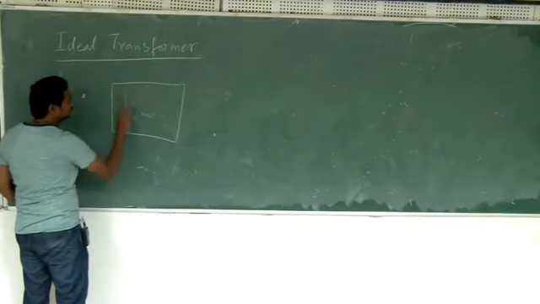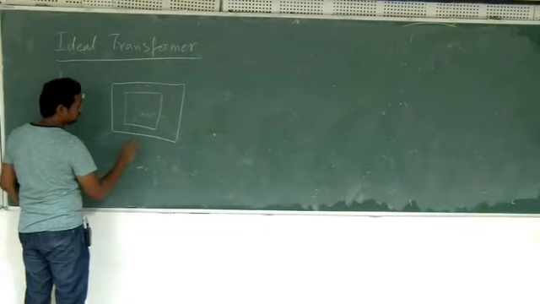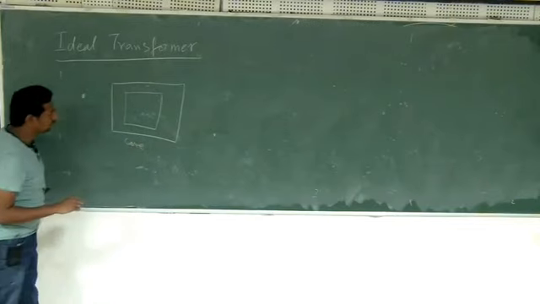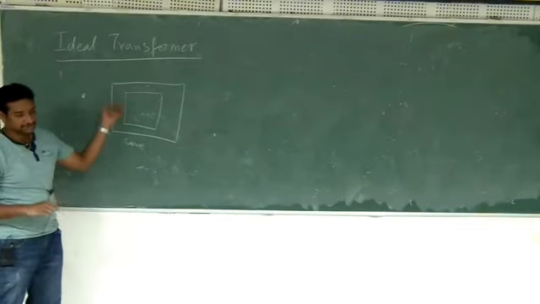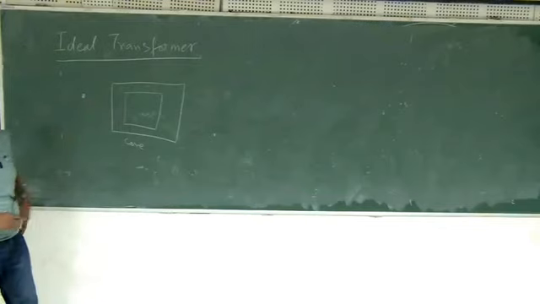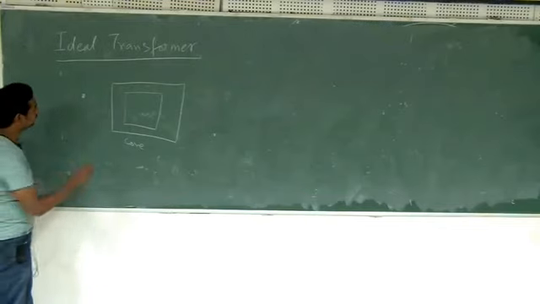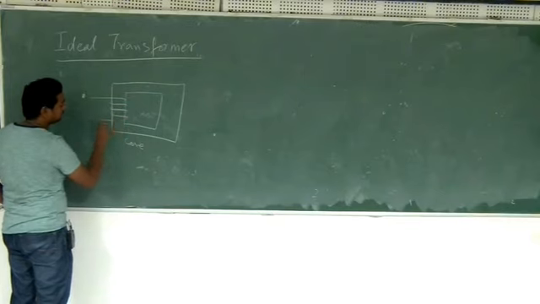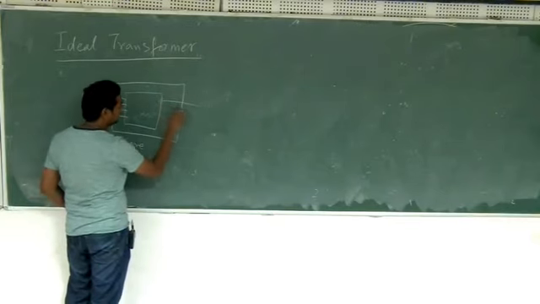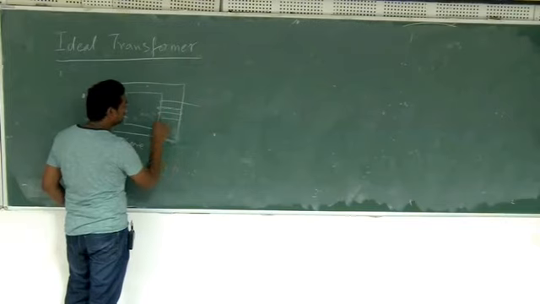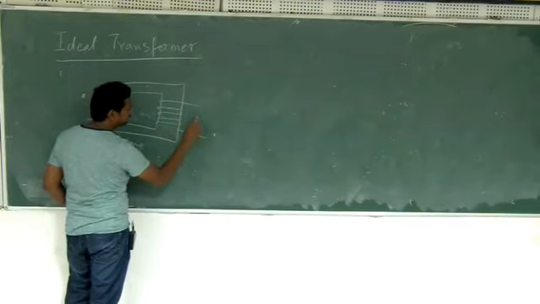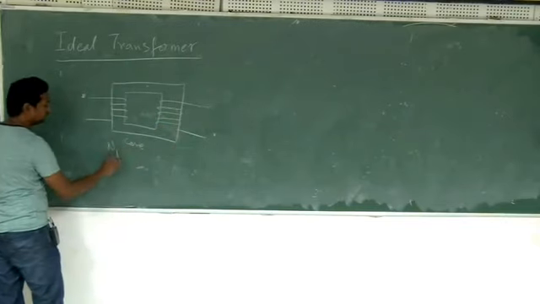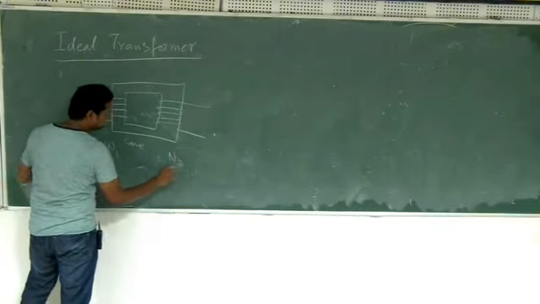Okay, so there is this core. So this is like a square shape, but it could be any closed shape. Okay. So this side is primary winding and this side is secondary winding. So the number of turns can be different. So this is N1 turns, this is N2 turns.